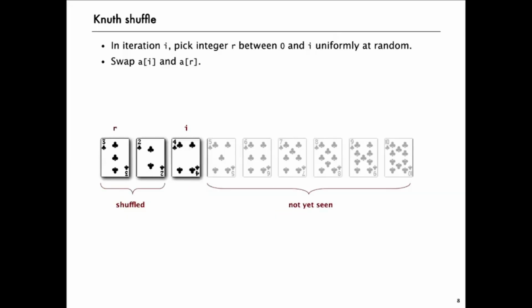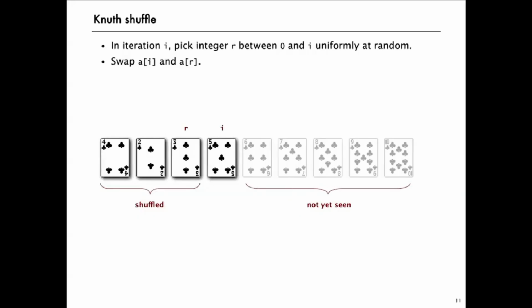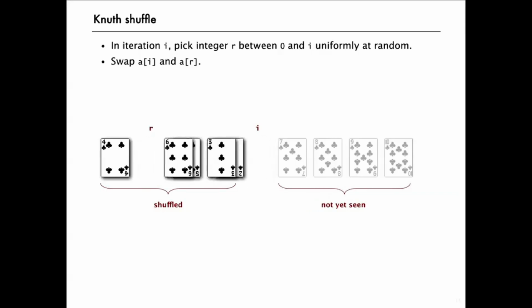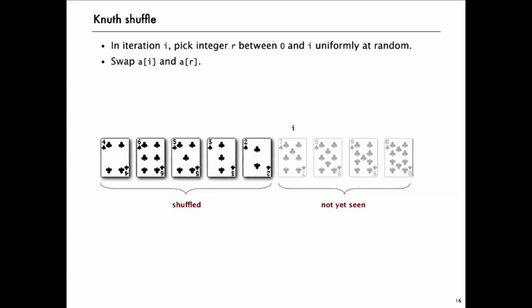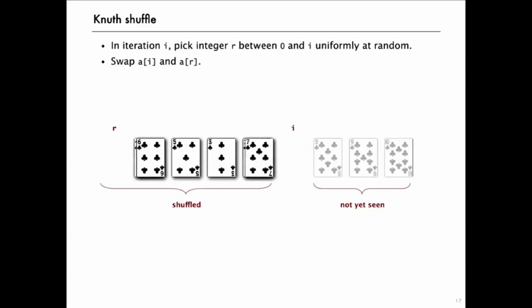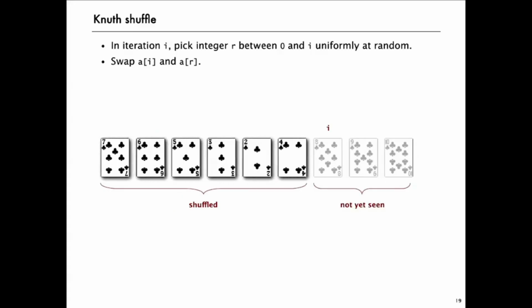Increment I, generate a random integer. This time it's going to be the first one again. Swap them. Increment I, generate a random integer. Swap them. Increment I, generate a random integer. Swap them. And continue in that way. Swap. So for every I, we do exactly one swap. Now, a card could be involved in more than one swap, but that's not an issue.